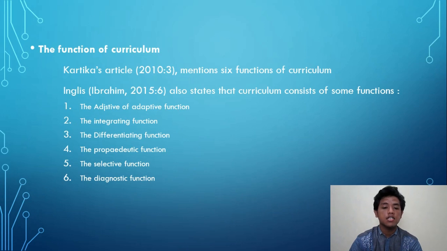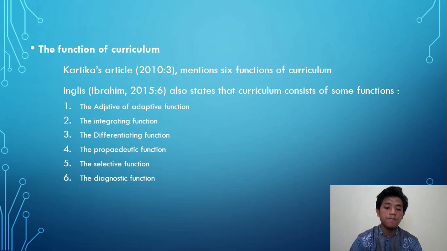The differentiating function. Curriculum has to offer different problems in the learning process to familiarize the students with other life outside. So, the students are able to know and solve other things out of their life.